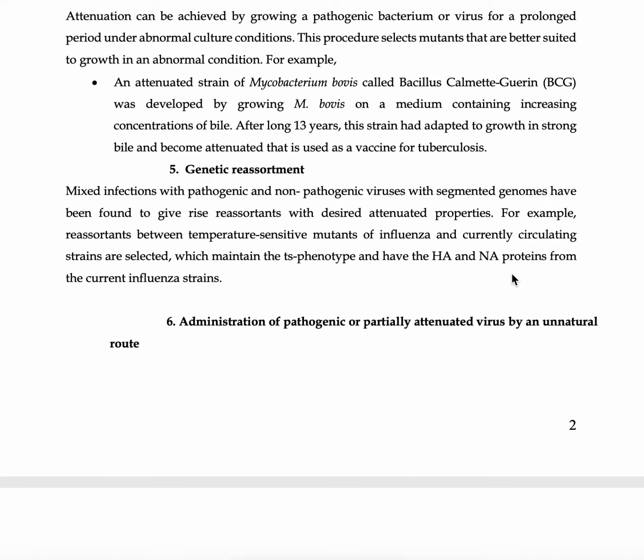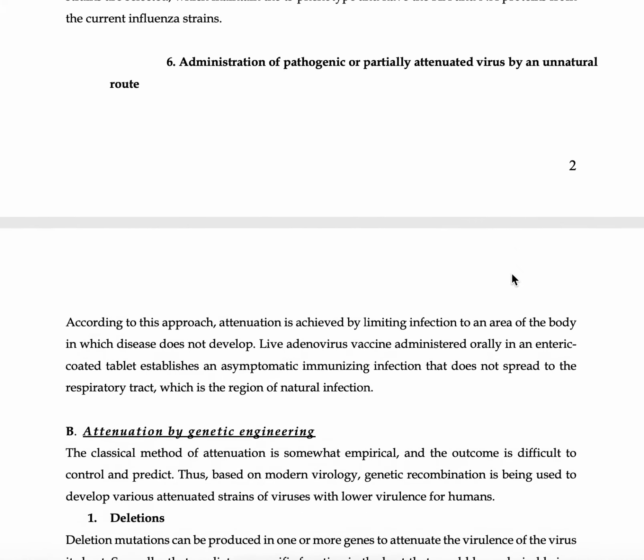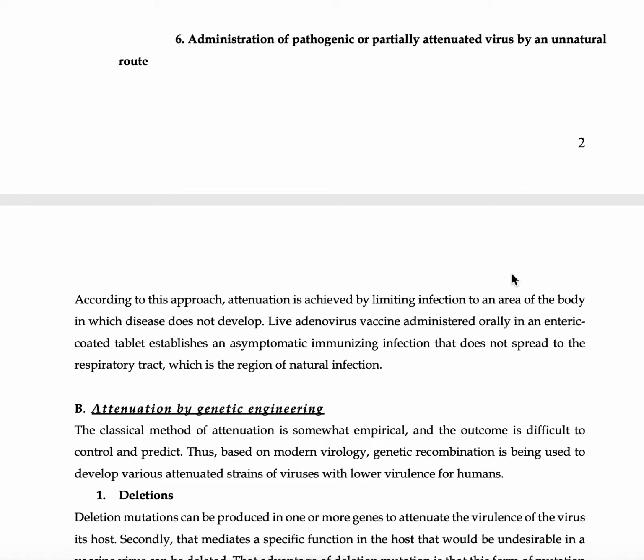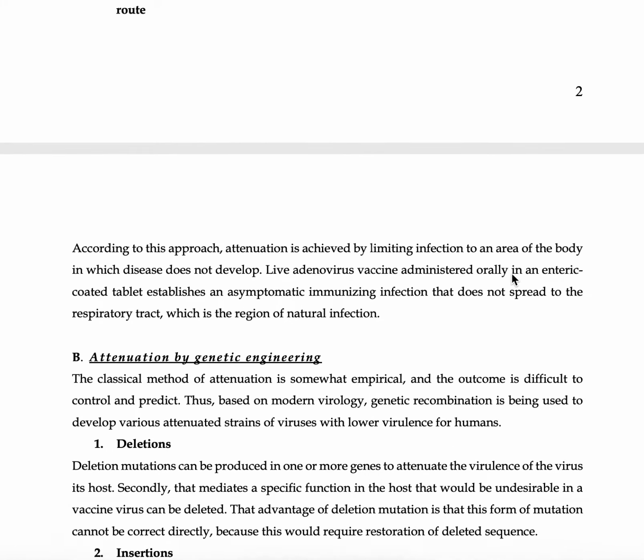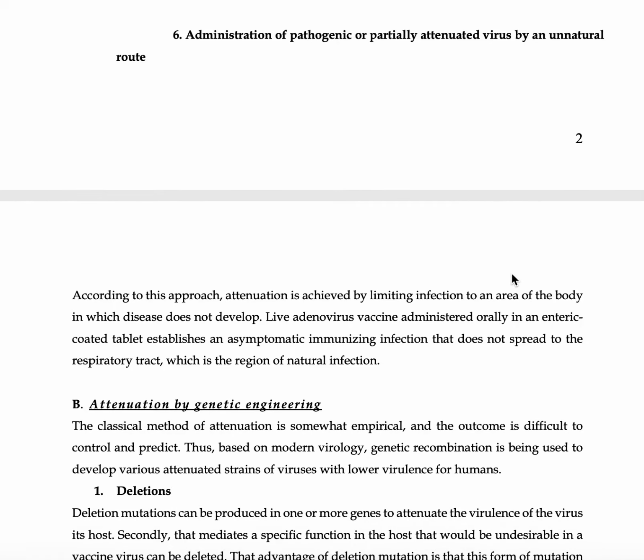Then another approach: administration of pathogenic or partially attenuated virus by an unnatural route. In this approach, suppose a virus infects the lung, the respiratory system. We would administer this pathogen not in the lung but in the stomach, in another route, an unnatural route.